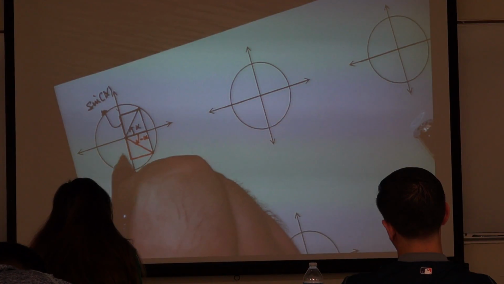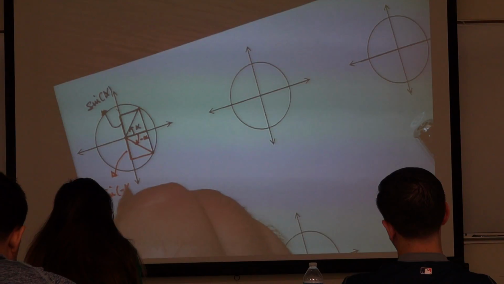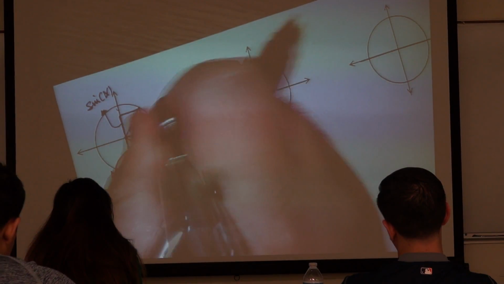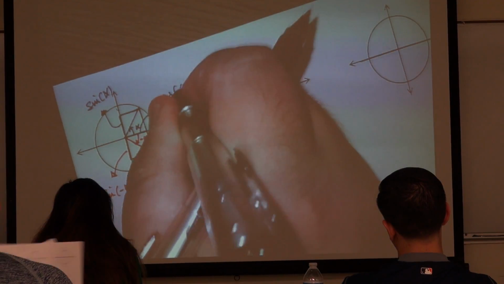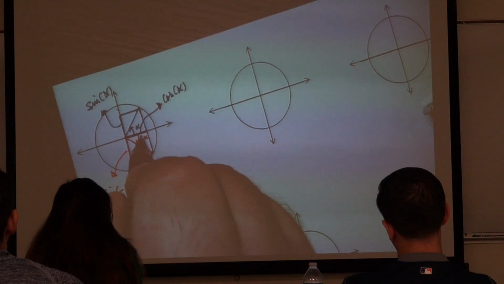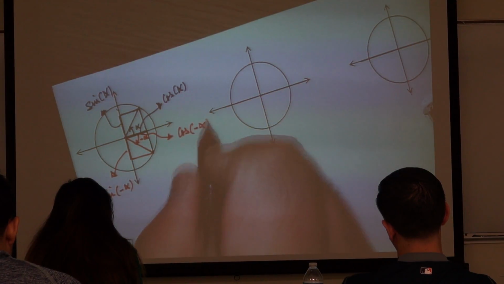And from here to here is sine negative alpha. This from here to here is cosine alpha. Also, same idea, from here to here is cosine negative alpha.